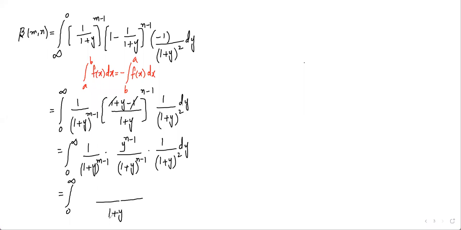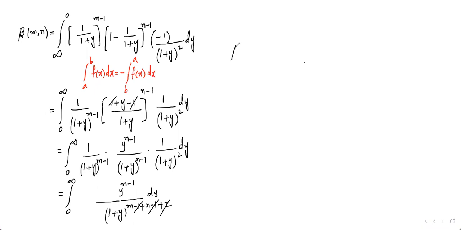Yes. When the bases are equal, the powers should be added. So what happened? m minus 1 plus n minus 1 plus 2. This numerator y power n minus 1 is also here as it is, and then dy as it is. What happened? This minus 1 plus 1 cancels out.